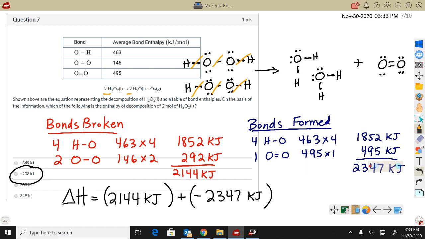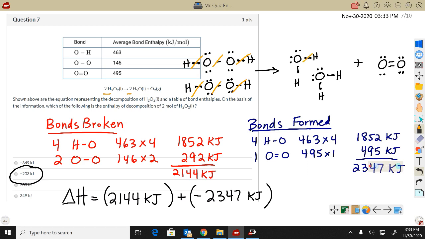All right, so it's going to take a little bit over 2,000 kilojoules in red to break all the bonds in 2 moles of H2O2. Then in blue, I've got all the bonds that I'm forming. So again, I'm going to slash them, not that I'm breaking them, but then I know that I'm counting them all correctly. There's 2 moles of water produced.